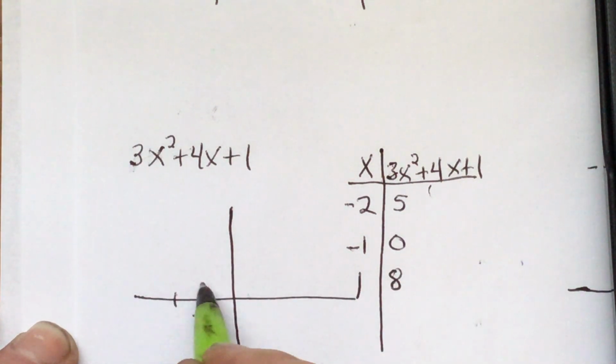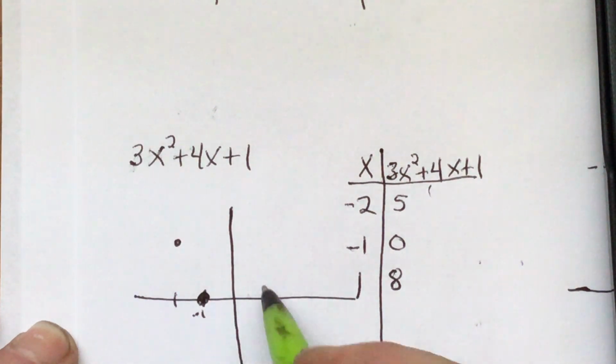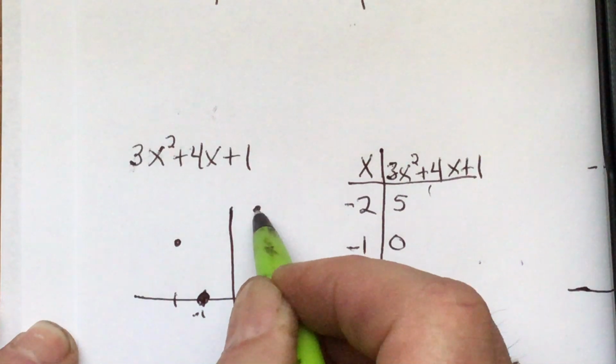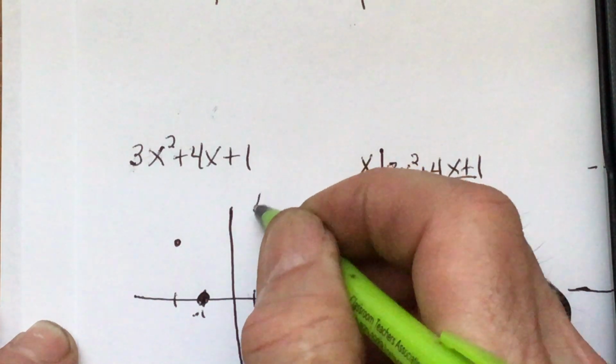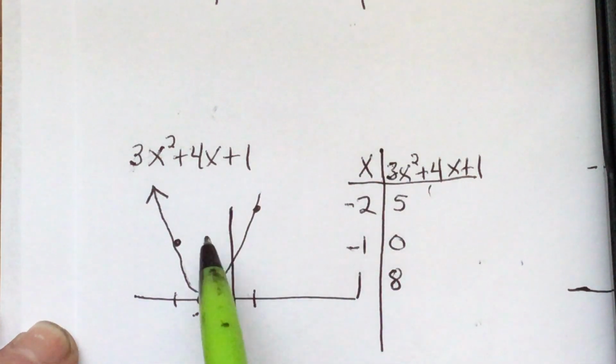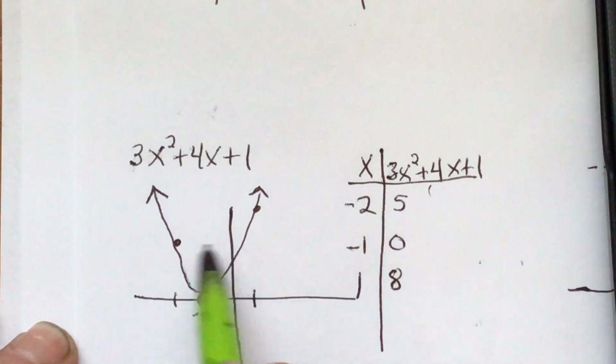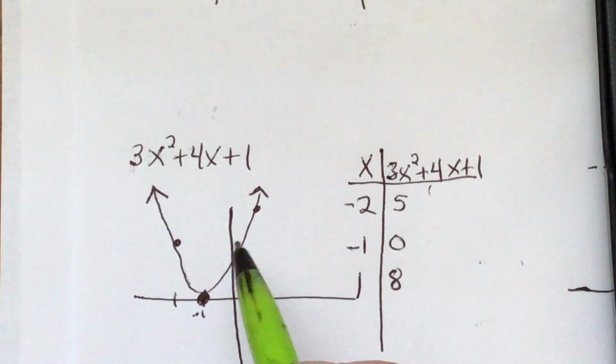All right. -2, 5. I'm going to say it's about right there. +1, 8. That's going to be up here. And now we'll just draw this parabola. You see how the points did not have to be even with each other. You can still draw the parabola.